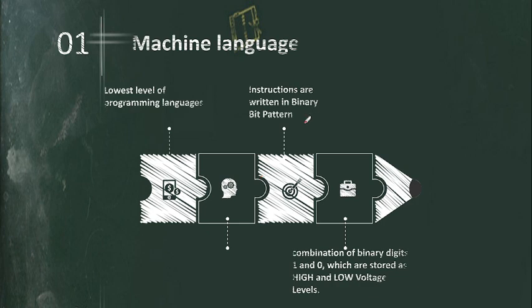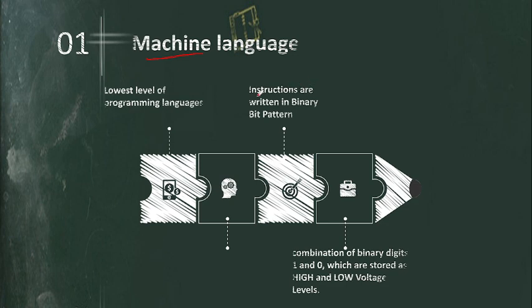The name machine language itself indicates that the language which is suitable to be understood by a machine is called machine language. It will be easier for a system to understand the instructions, but definitely not easy for a user.